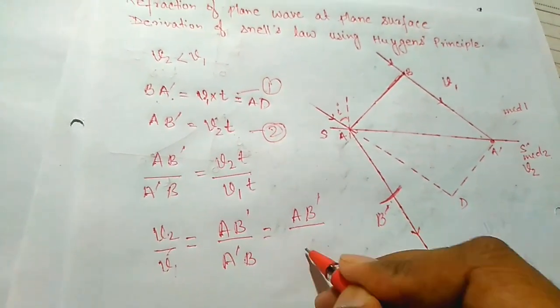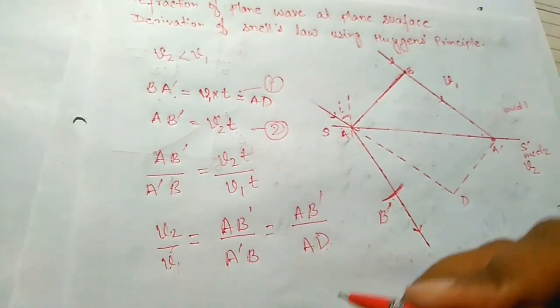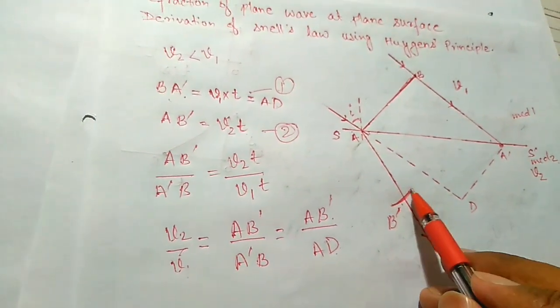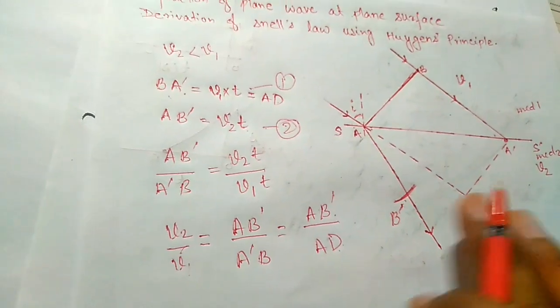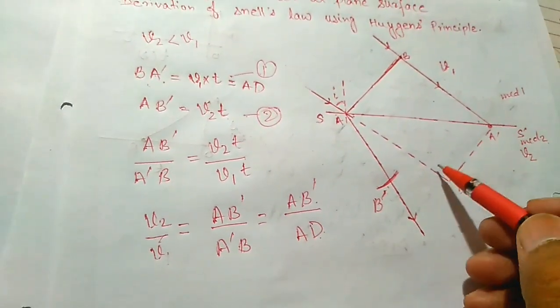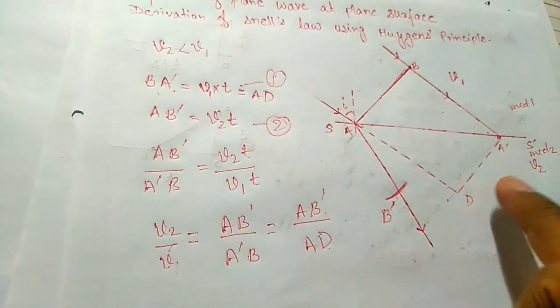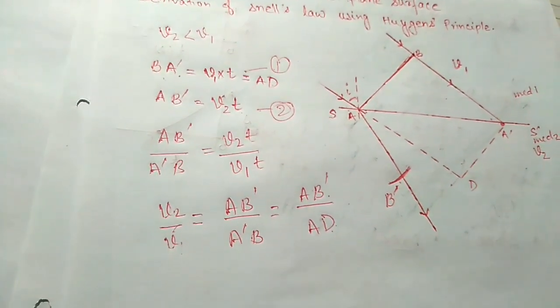AB dash upon AD. What is AB dash? AB dash is the arc, the radius in the second medium, and AD is also an arc when the medium 2 was absent. So I am writing here.